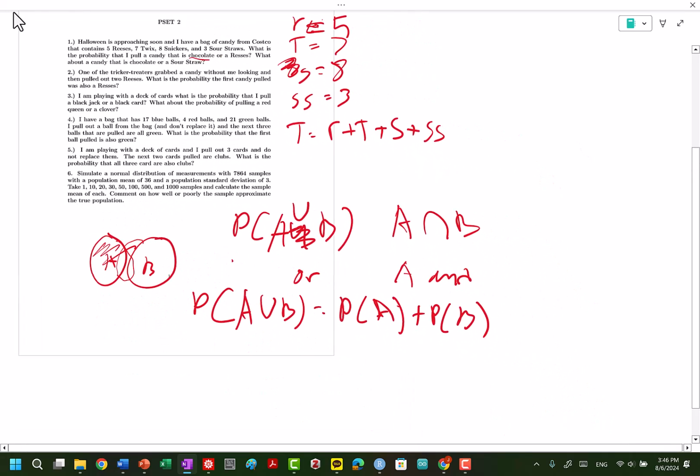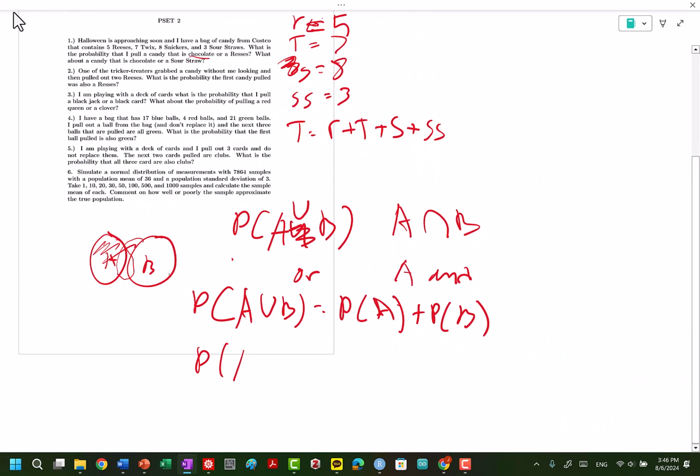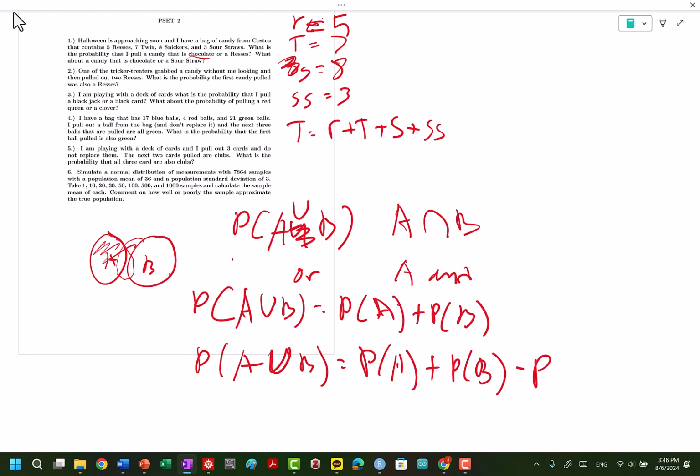If they're not mutually exclusive, we still have A union B, but we're going to have to look at probability of A plus probability of B minus probability of A and B occurring. Because we have to exclude that, since they're not mutually exclusive. So we need to get rid of that overlap here.